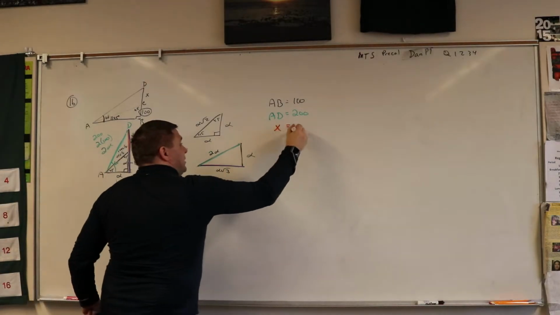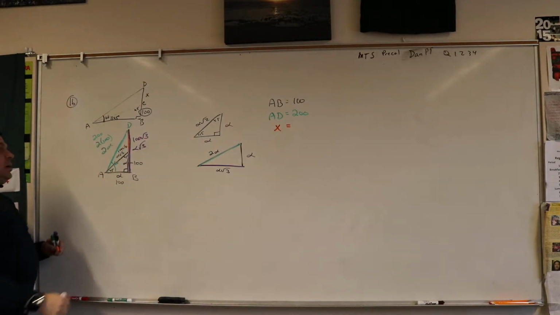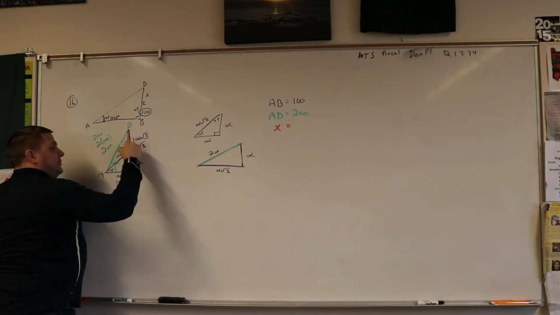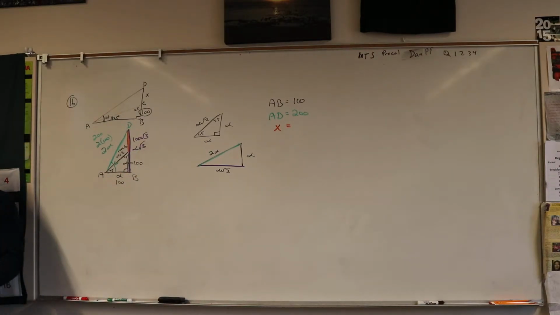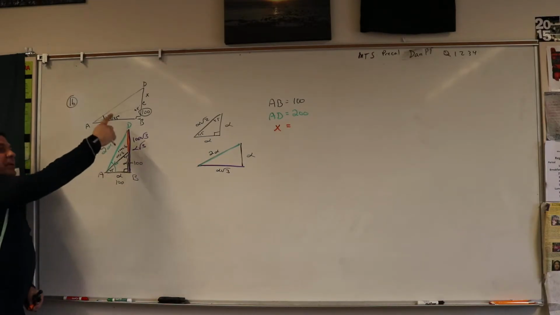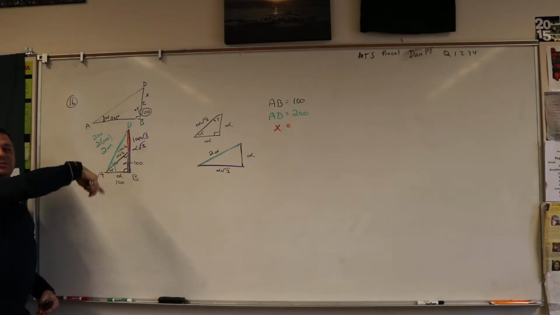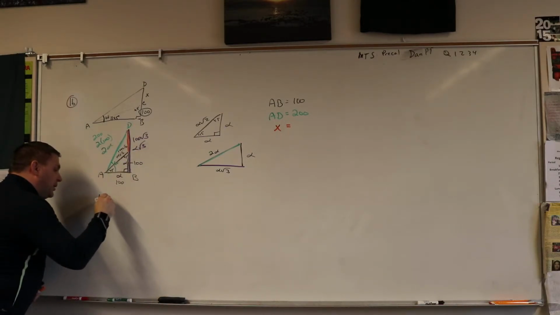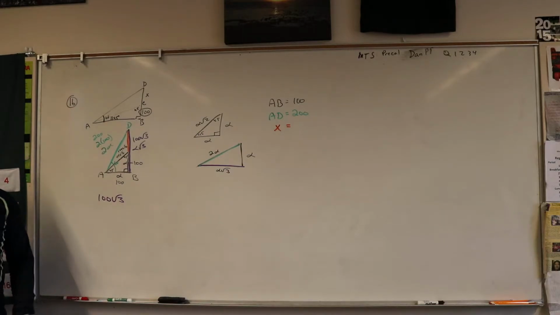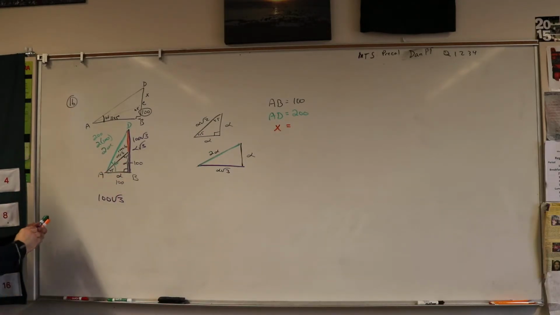What is X? It's alpha square root 3 and alpha is 100. So we know that the purple. How much is the purple? 100 square root 3. Right? How much is the black? 100.